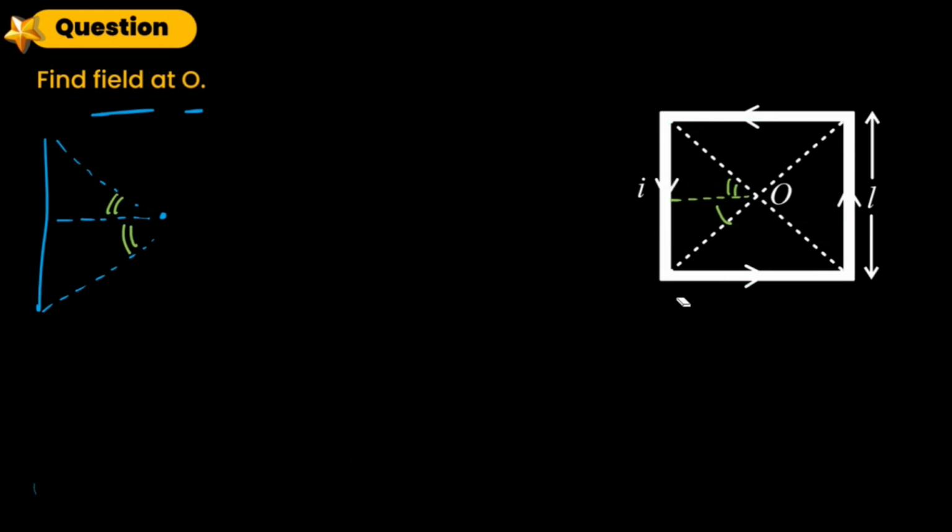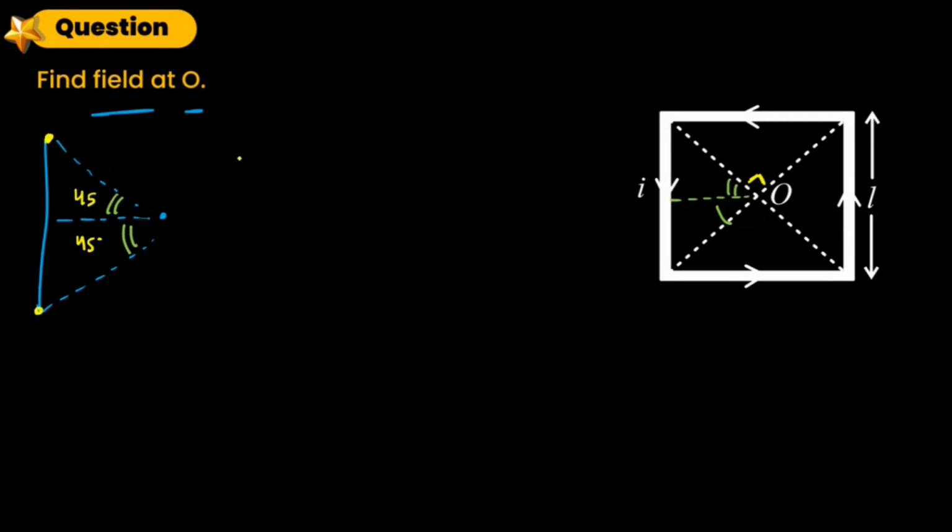It is very simple. It is 45, 45. Like a square, diagonals intersect each other at 90 degrees, but what we are doing is dividing these two angles, so we got 45 and 45.